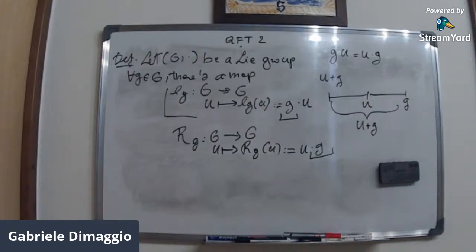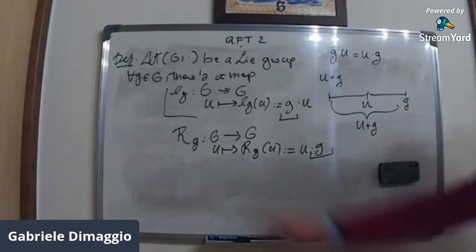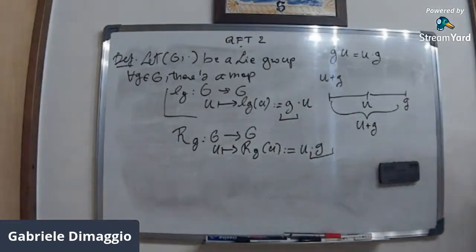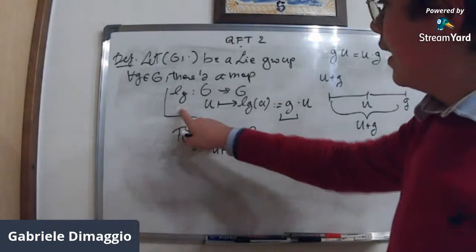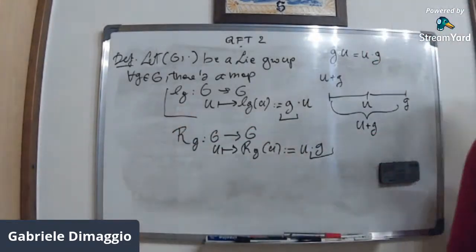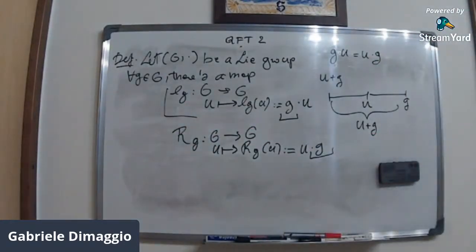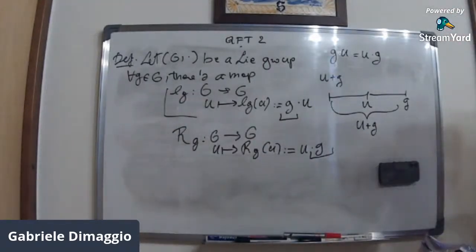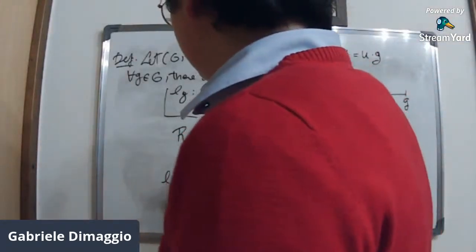Now, of course, L_G is an isomorphism. This map L_G induces another map, and so if I take the push forward of this map, I obtain L_G dual.